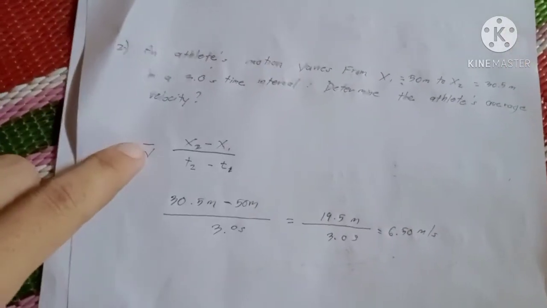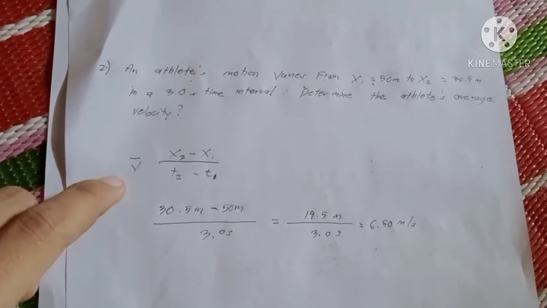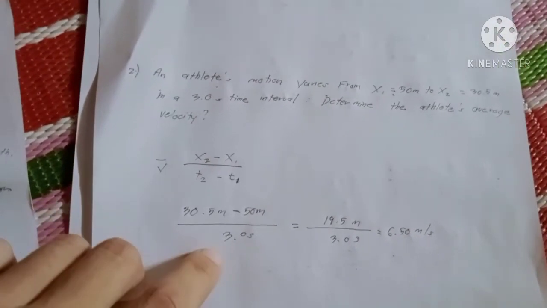This is the formula of the average velocity, and then this is the calculation.